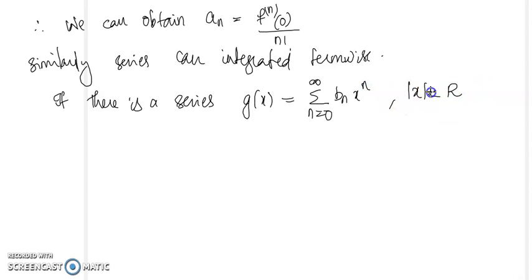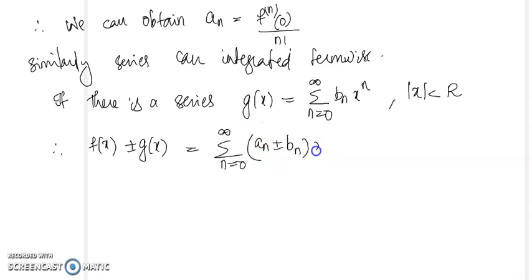So if you have the same interval of convergence, then if you take f plus or minus g of x, so that will be equal to summation n equal to 0 to infinity an plus or minus bn x raised to n. So when you take the sum of the series, it will again converge to f plus g, and the difference of the series will converge to f minus g.